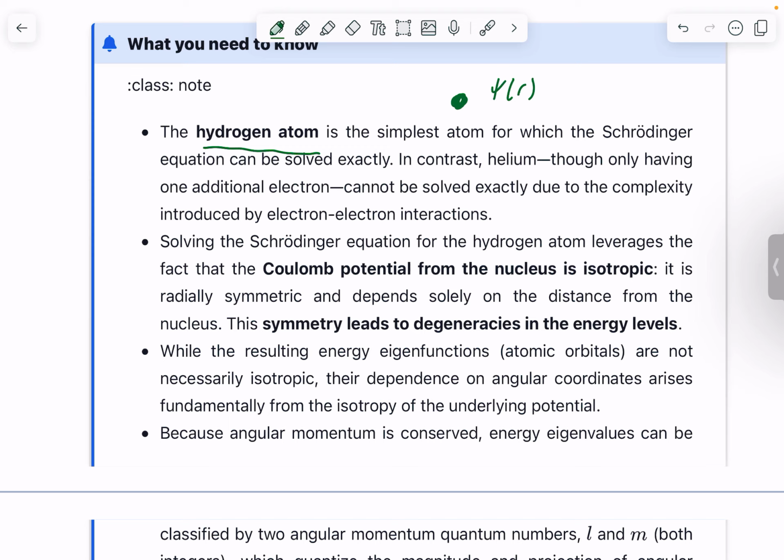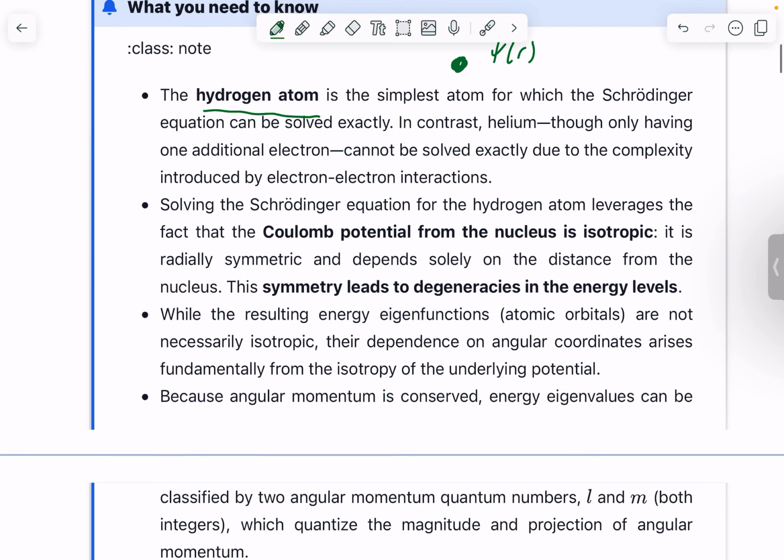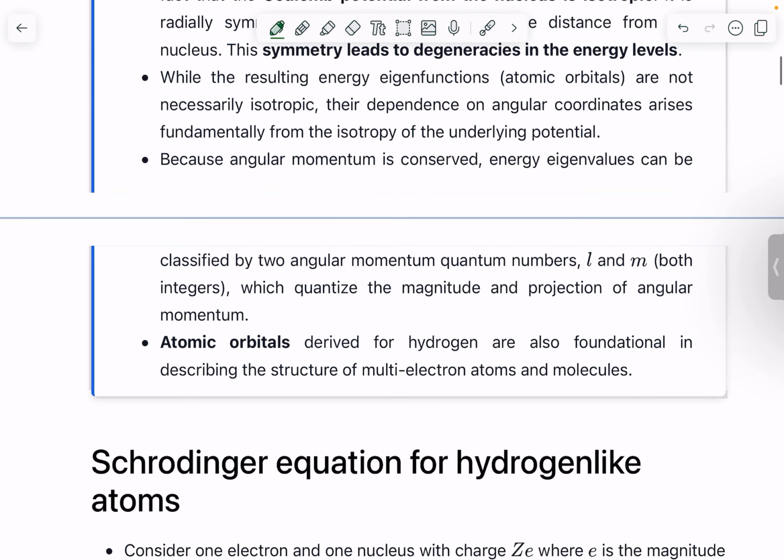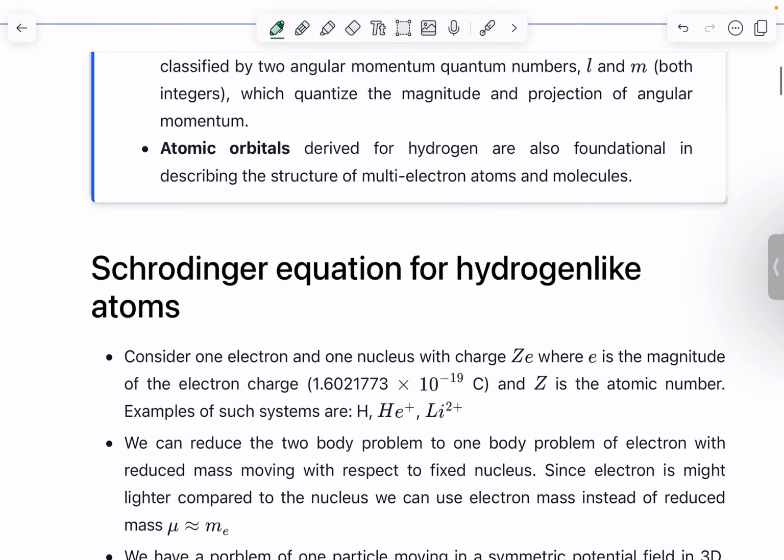This problem is going to lead us to a lot of interesting results, some consequences of the spherical symmetry of the hydrogen atom. We're going to pay particular attention to that, and then we're going to discover the atomic orbitals.